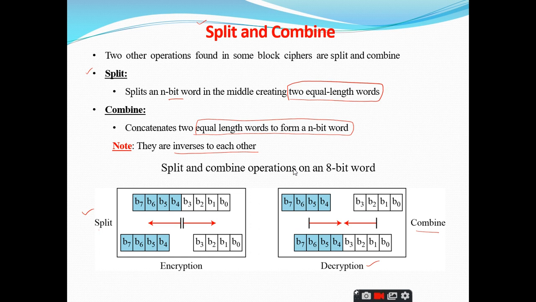Anybody? Making use of the same components for encryption and decryption, sir. Right. So making use of one component for encryption and the inverse of the component for decryption. We cannot make use of the same component for encryption and decryption. If you make use of one component for the encryption, the inverse of that component can be used for the decryption.